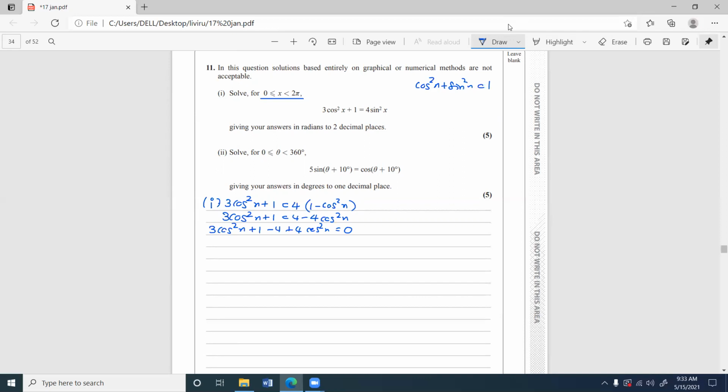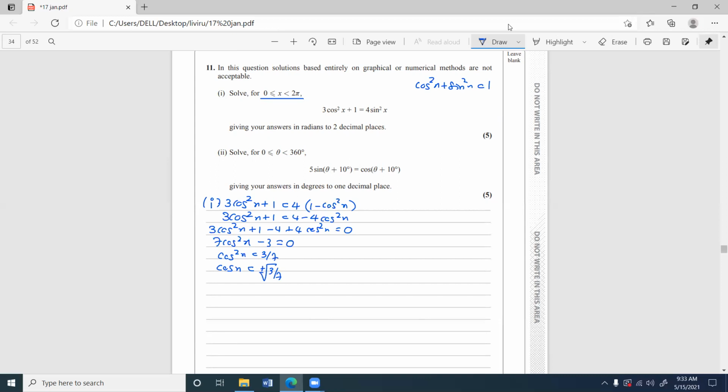Then if you simplify this, 7 cos squared x minus 3 equals 0. With this you can write cos squared x equals 3 over 7. Then we can write cos x equals plus or minus the square root of 3 over 7.